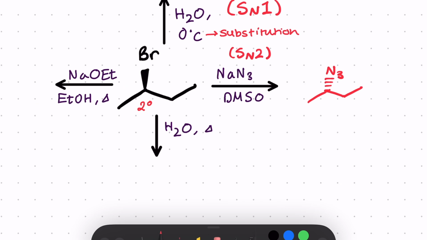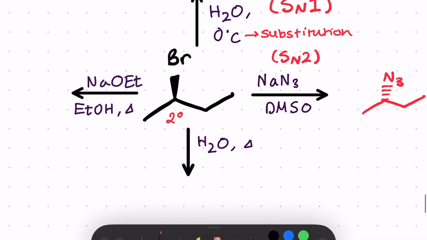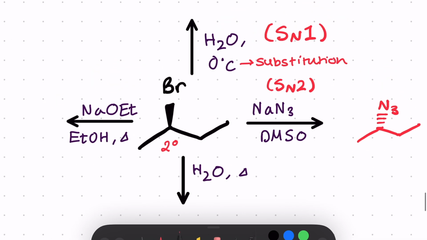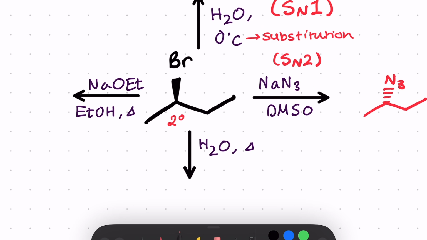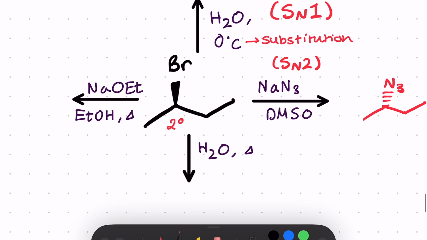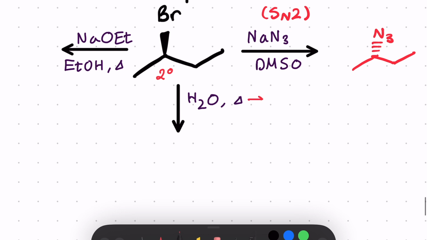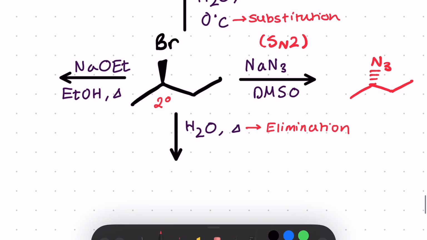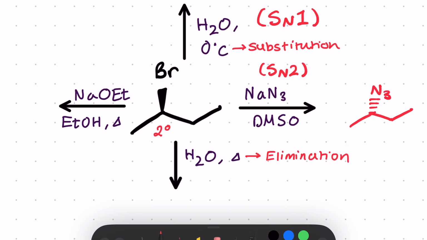All right, now at the bottom here, I have a very similar reaction actually to the top. I still have water as my reagent, but this time I have heat. So the heat, we said heat is indicative of elimination. Now the next thing is, is water a good base or a bad base? And water is a bad base, a weak base.